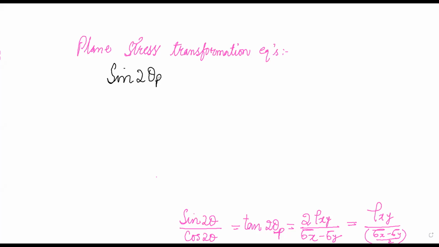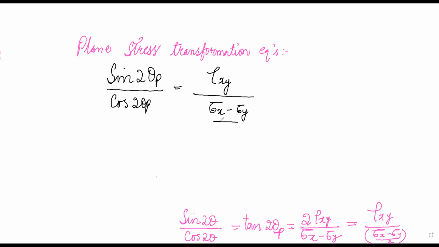If you are asked what the principal angle is, what will you say? It is that angle in a machine element at which the value of the normal stress is maximum or minimum. So you have sin 2 theta p divided by cos 2 theta p, which is equal to tau xy divided by sigma x minus sigma y divided by 2. Okay. There is one more way of writing this entire thing.